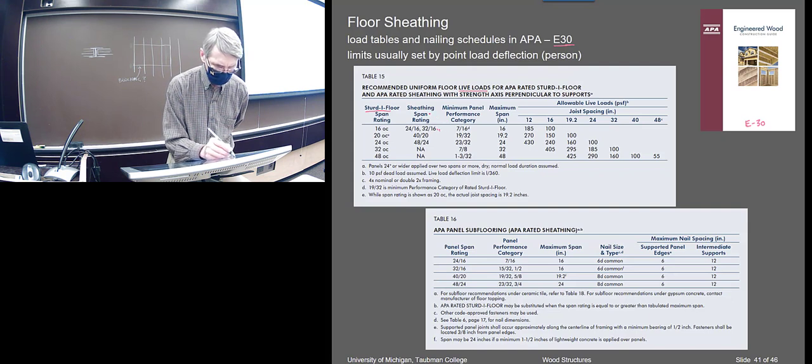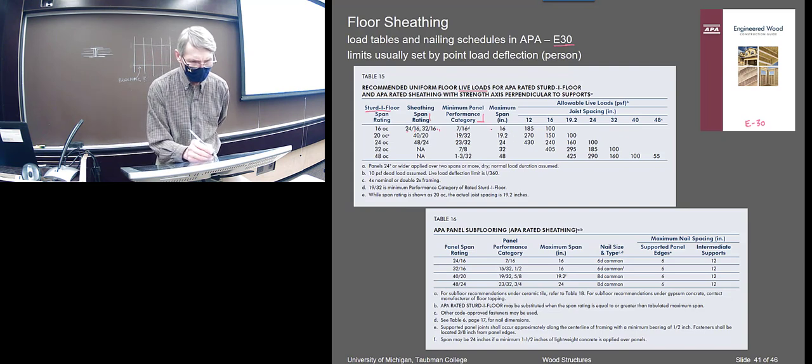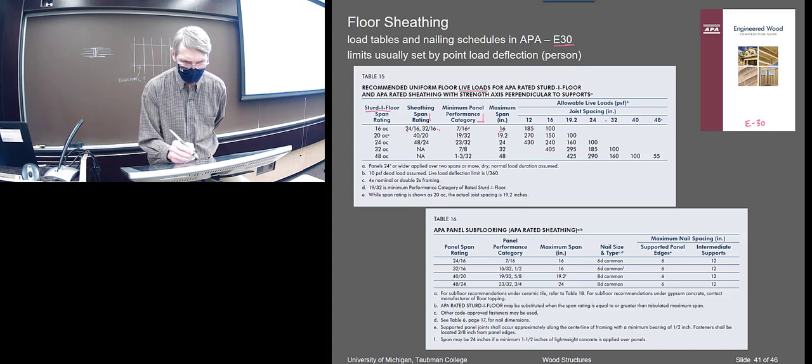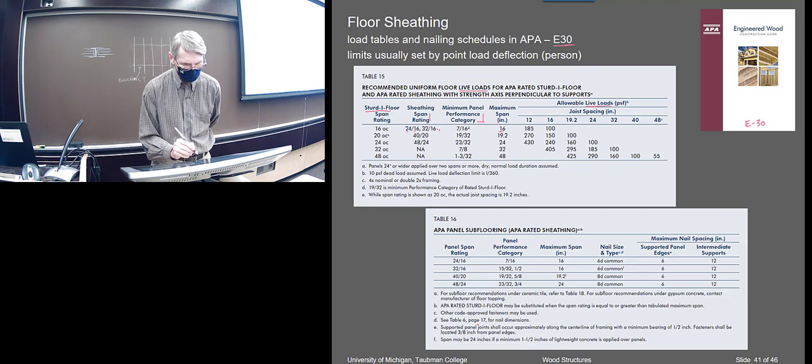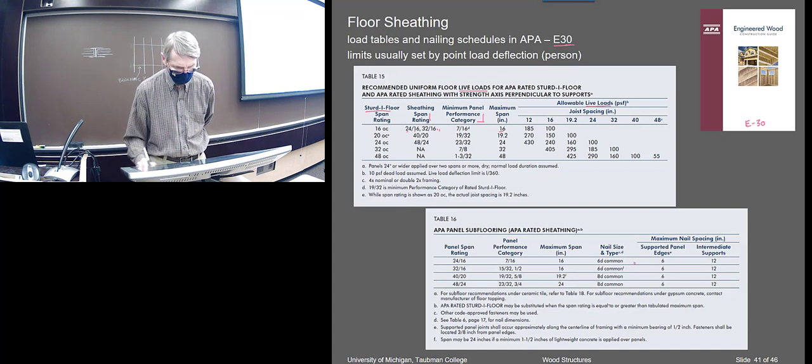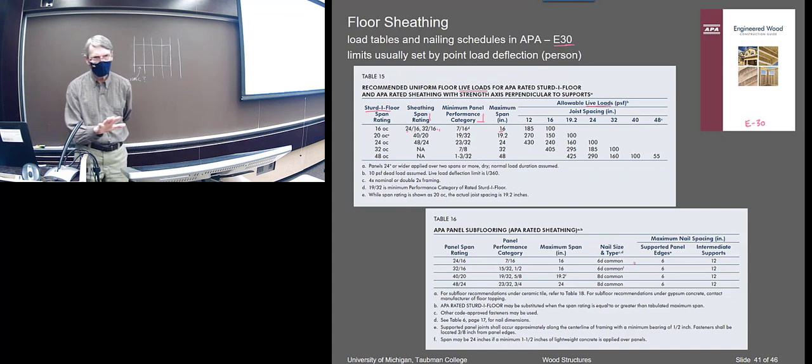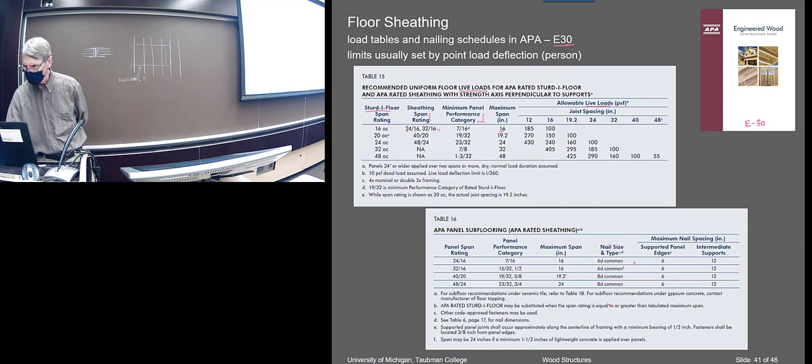Sheathing, span rated versus thickness, performance category, whatever. The span of each, on-center spacing of the joists, and then the strength, allowable live loads. So that's for picking flooring. You can easily use that table. With the subfloor, it gives the nails. These are tables that are apparently in the E30.